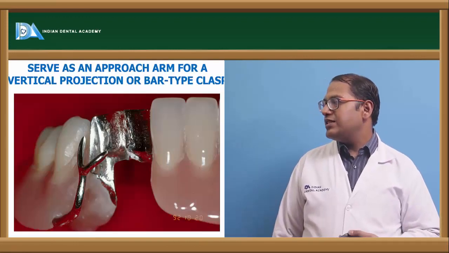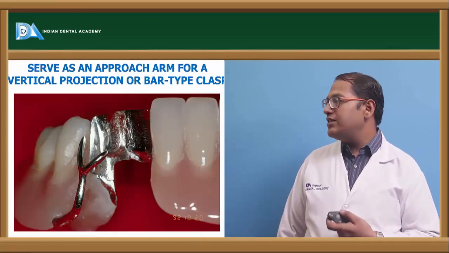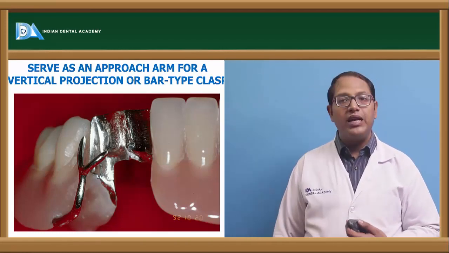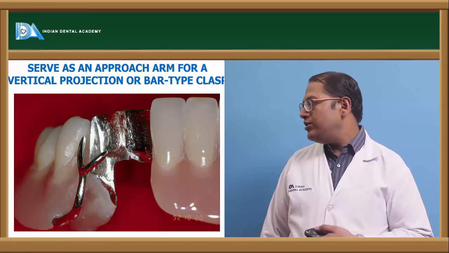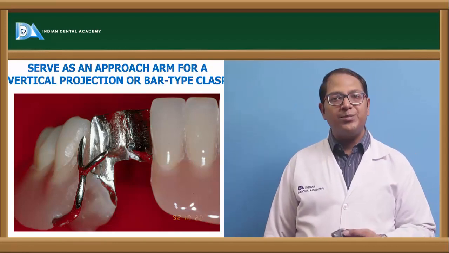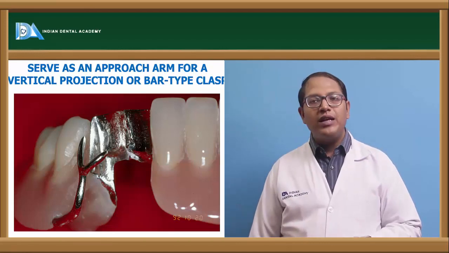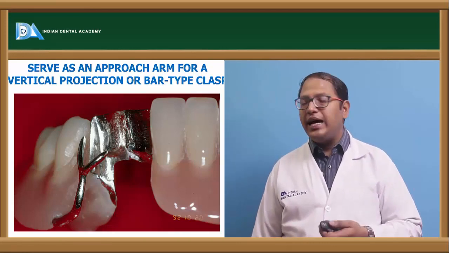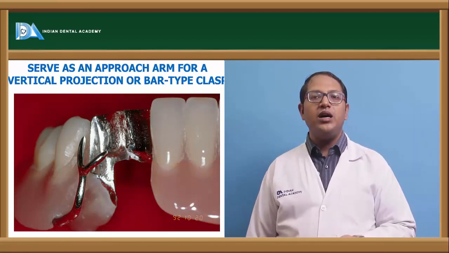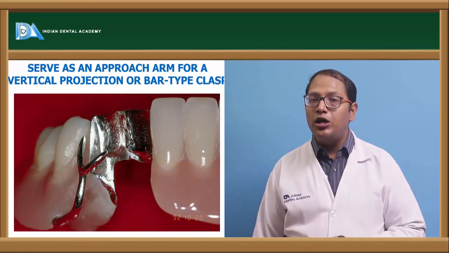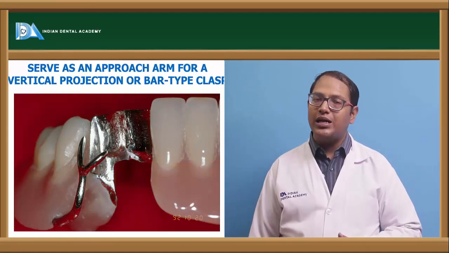Coming to the minor connector which serves as an approach arm for the vertical projection or the bar type of clasp which I was talking about. We know this Y type of clasp is a direct retainer. In this Y type of clasp, what is happening is that it approaches from below. The major thing with this kind of clasp is it cannot be used where there is a soft tissue undercut present.